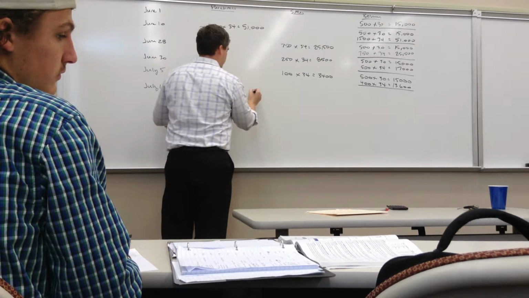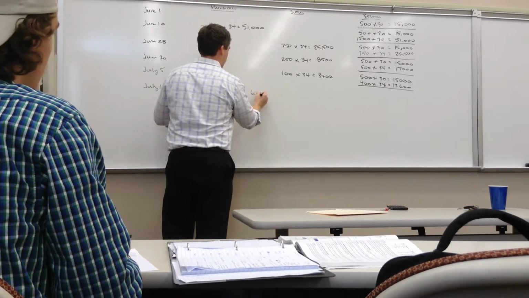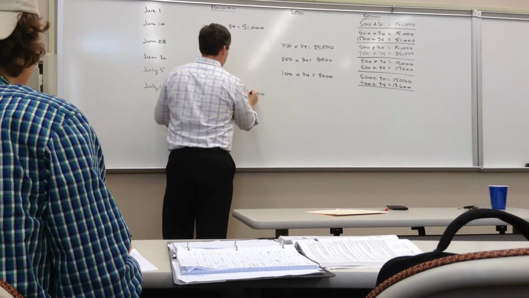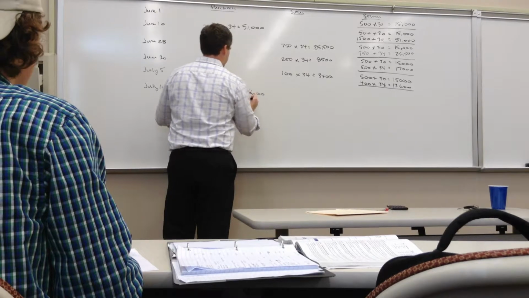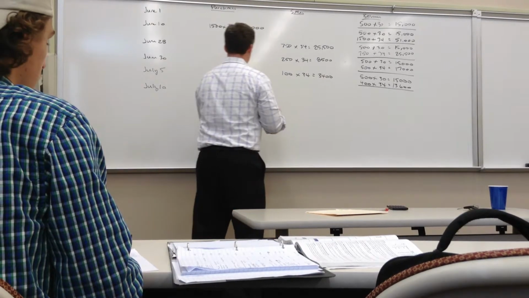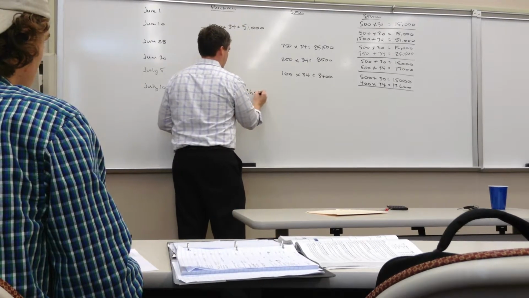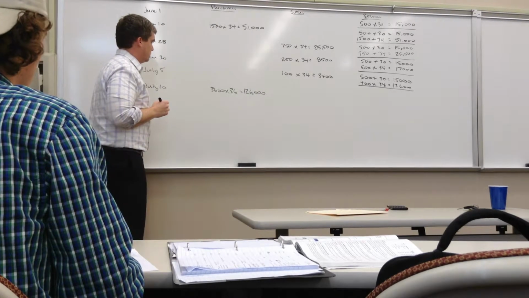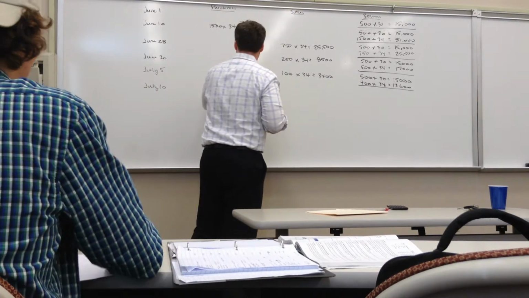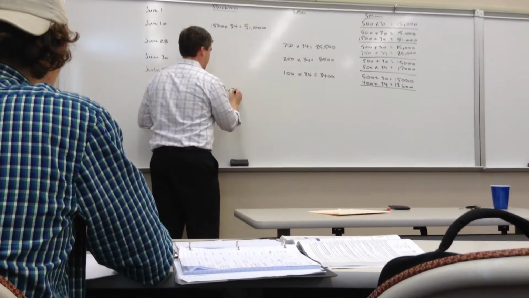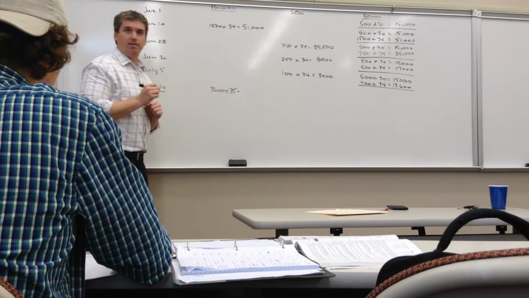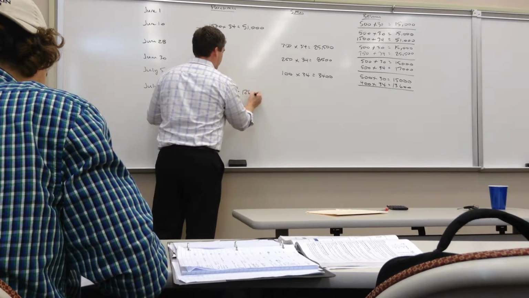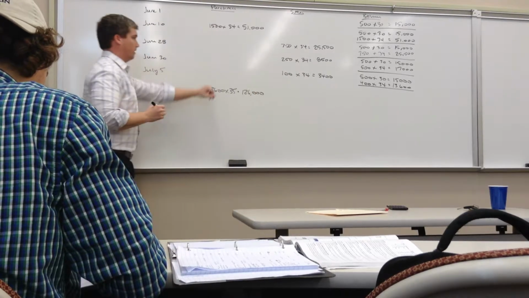Total there is what? 3,600 times 35. Is that right? Okay, that makes sense. There. Good.